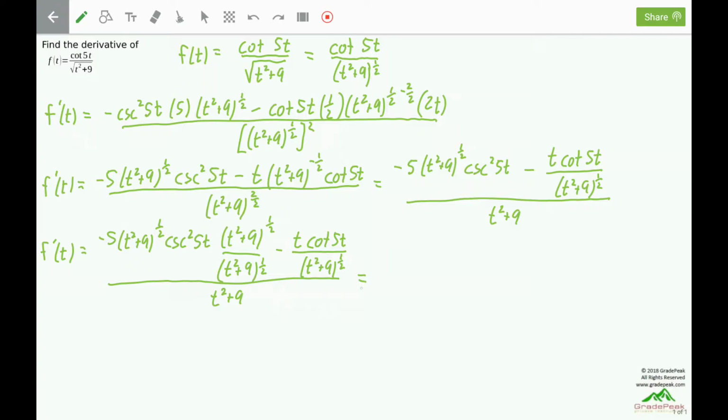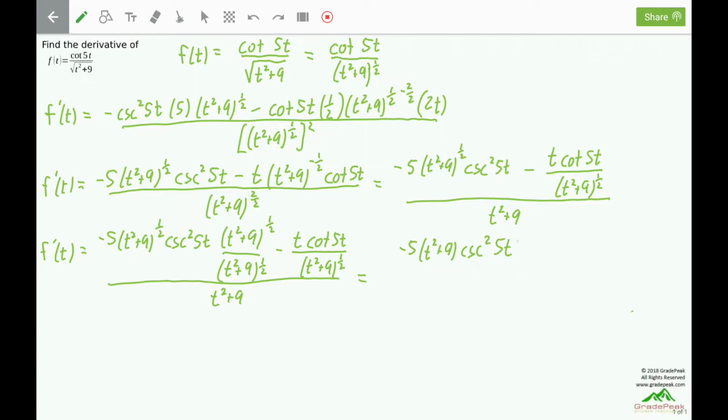Okay, now we're going to combine those fractions together. They're over the common denominator. Now this first numerator, everything is multiplied. Specifically, I'm going to put that term and that term together because I can add their exponents. 1/2 plus 1/2 is 1. And so really, I just have a negative 5 t squared plus 9 to the first power times the cosecant squared of 5t.